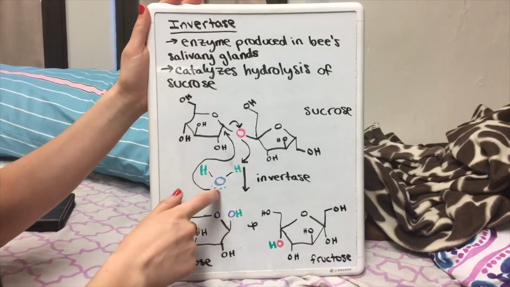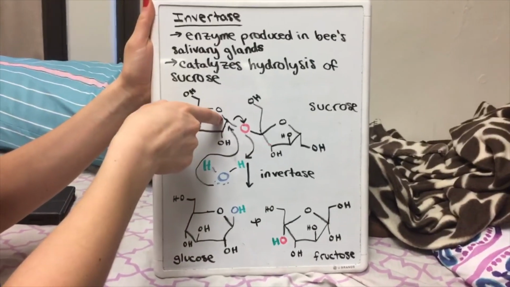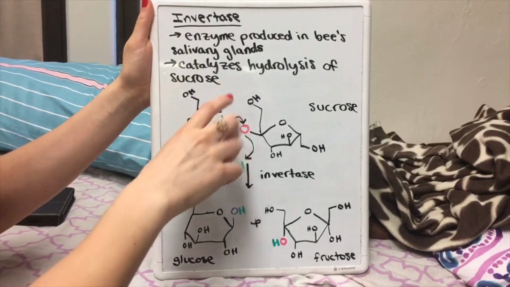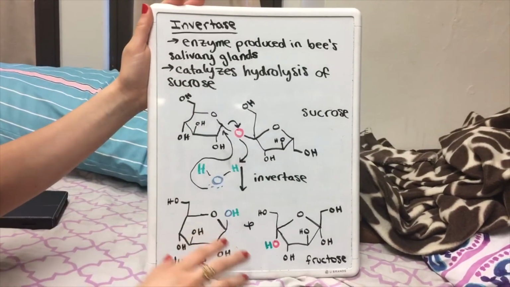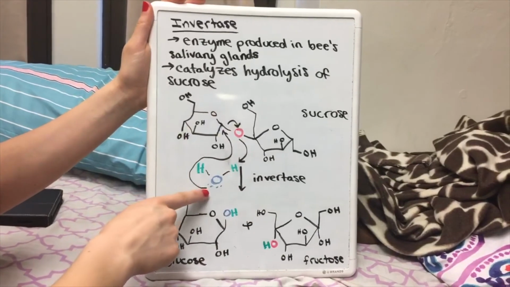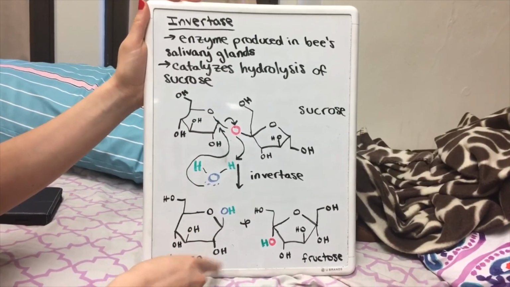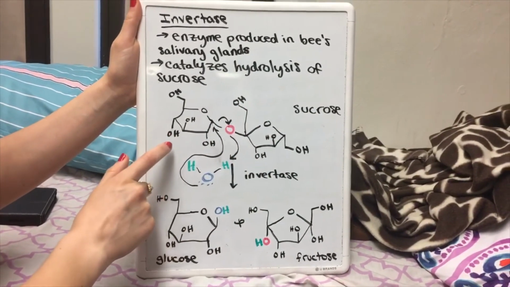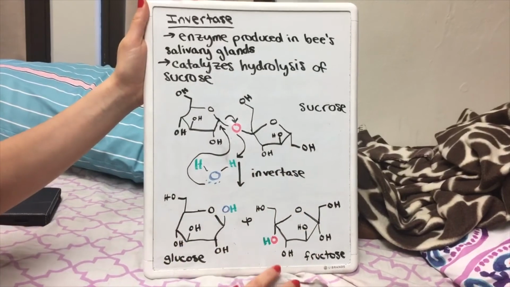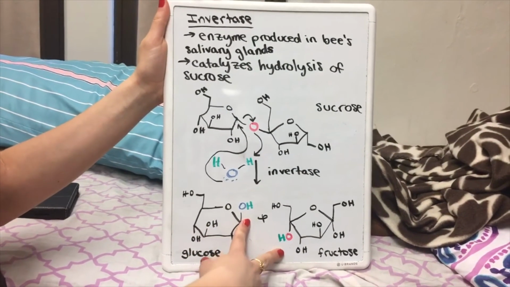Then this oxygen's electrons attack this carbon's positive charge, so that it forms an OH component. Therefore, the water's OH goes to the glucose molecule, and this oxygen from the sucrose molecule that combines the glucose and fructose parts ends up in the fructose molecule, which can be seen from the different colored O's.